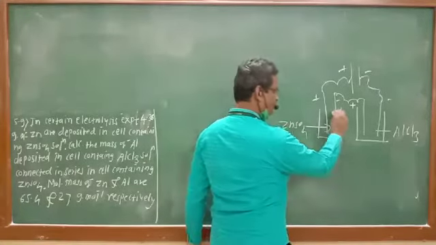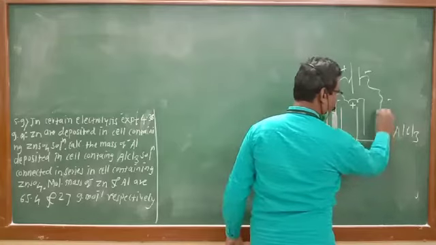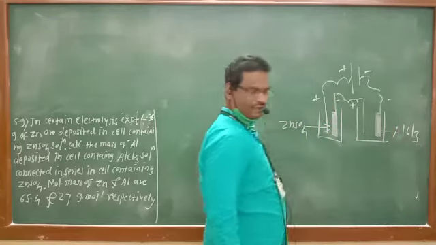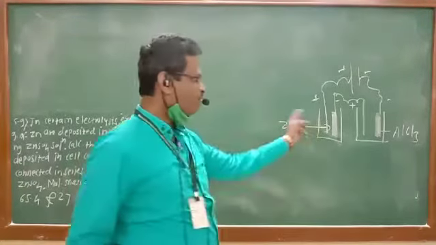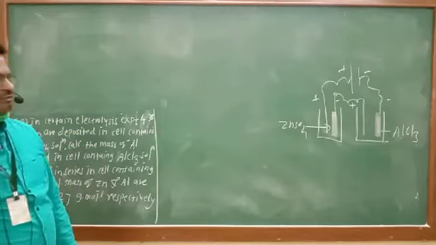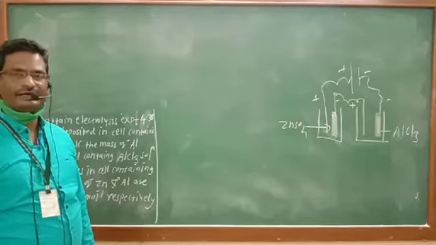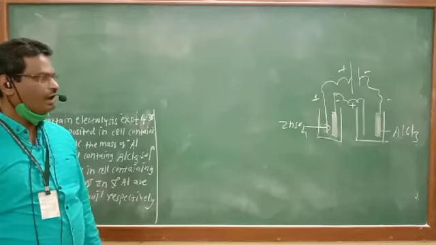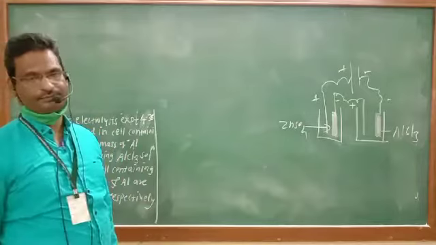The weight of zinc deposited on the cathode is given. What is the weight of aluminium? They have asked to calculate. That is the problem. Two electrolyte solutions, zinc sulfate and aluminium chloride, are connected in series. The mass of zinc deposited is given, and we are asked to calculate the weight of aluminium deposited.